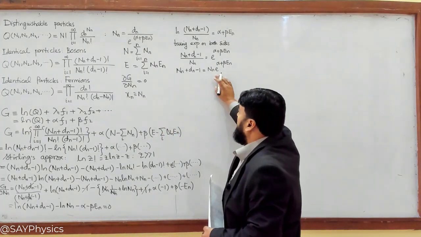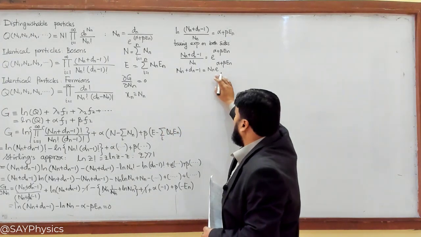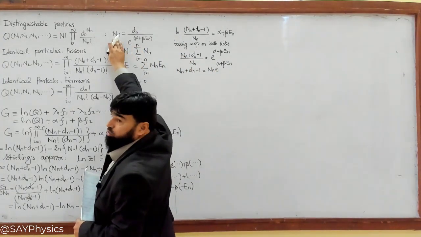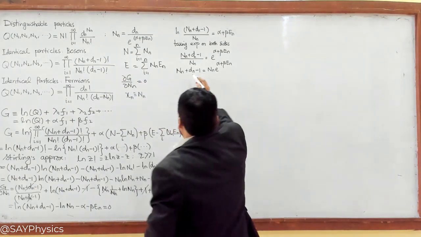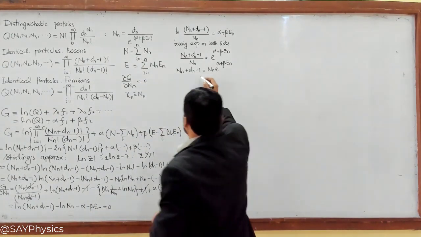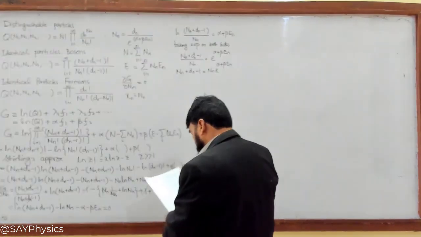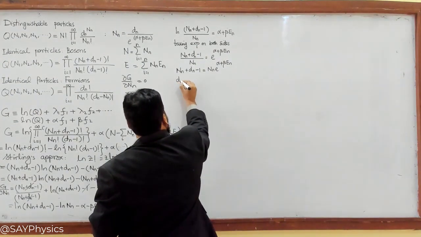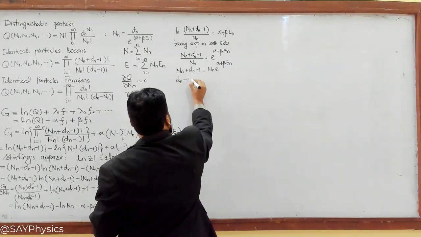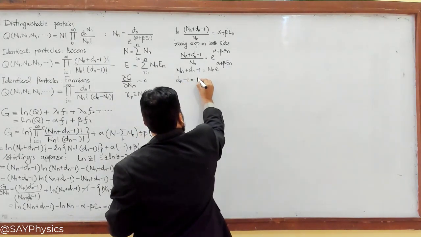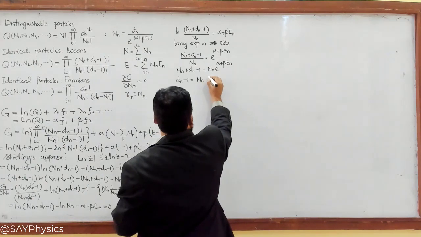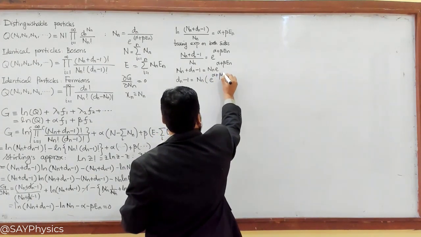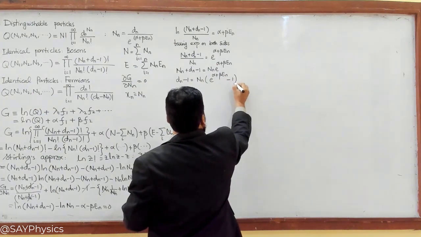And now what is required? We want to have the terms in terms of nn. So I want to have this one. So how can I write this thing? I can write dn minus 1 is equal, if I take nn as common, then it will be e to the power alpha plus beta en minus 1.